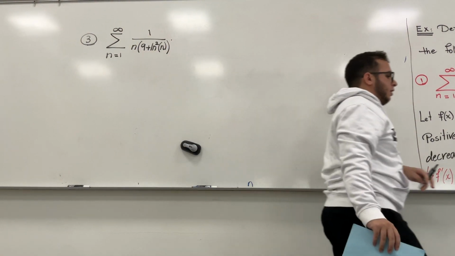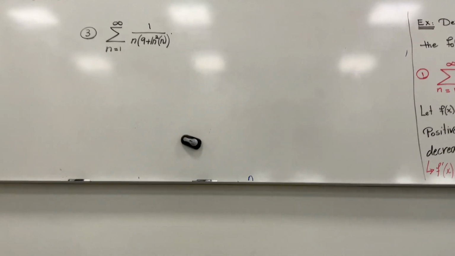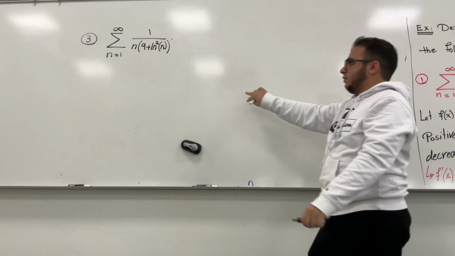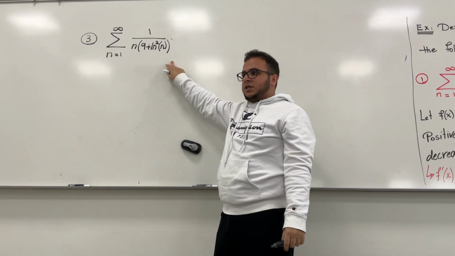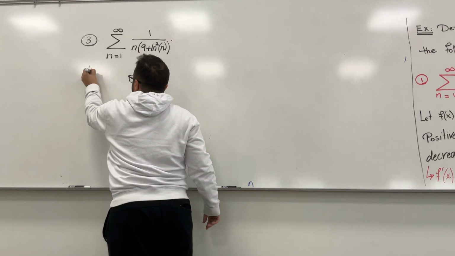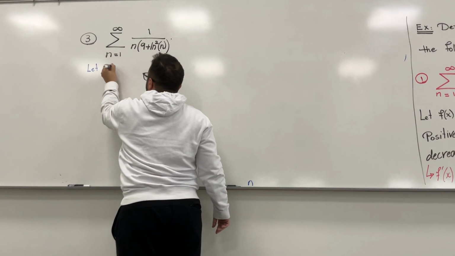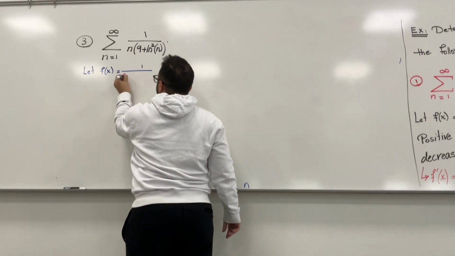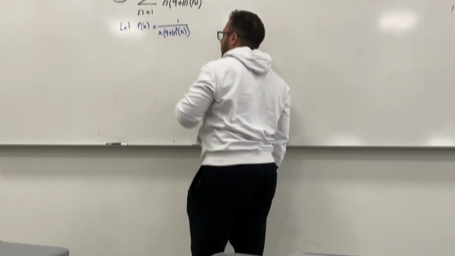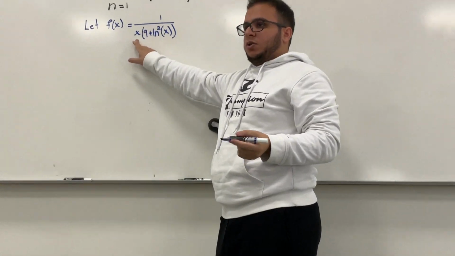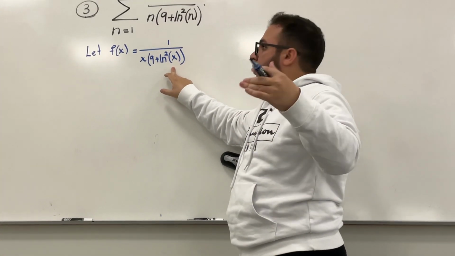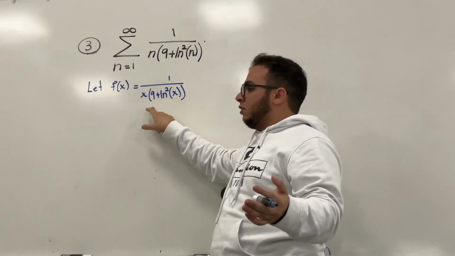Okay. Now, this is always positive and continuous and decreasing, right? So we can say here, let f of x equal 1 over x ln x. Now, is this always positive? x is always positive from 1 to infinity. ln is always positive when you plug numbers larger than 1.